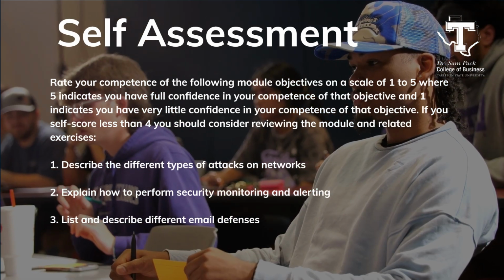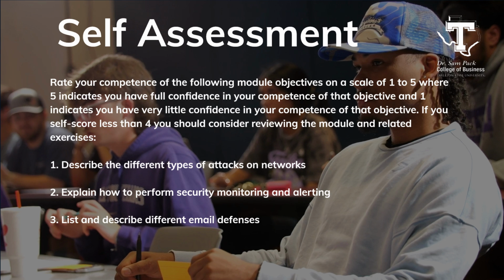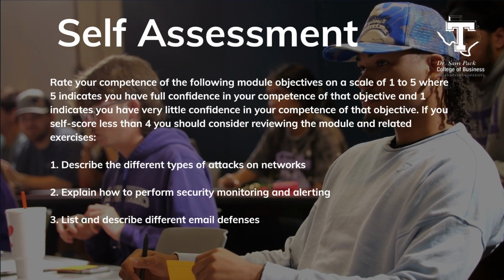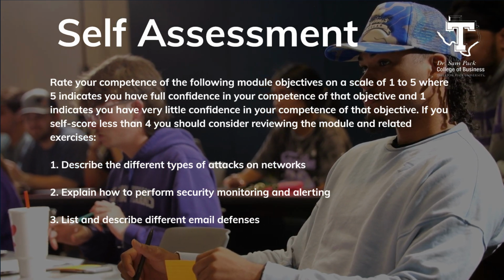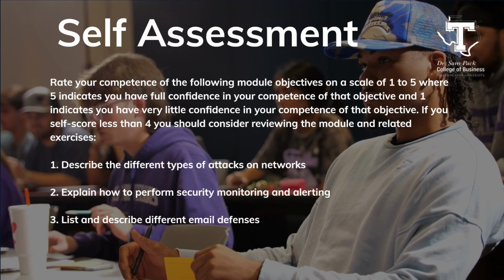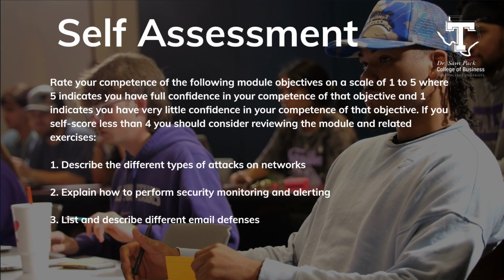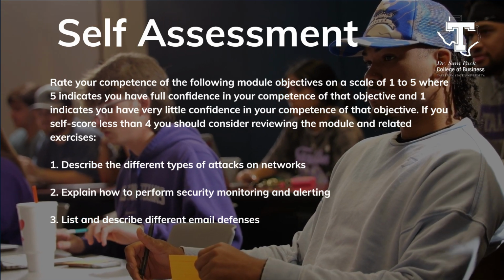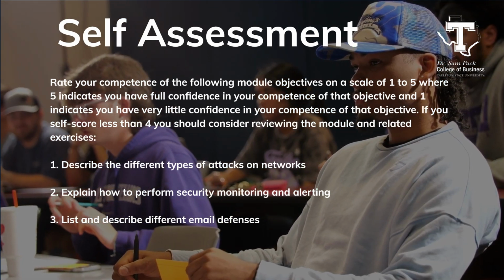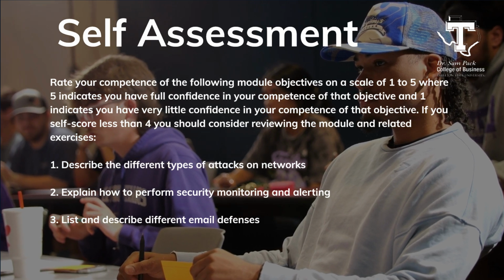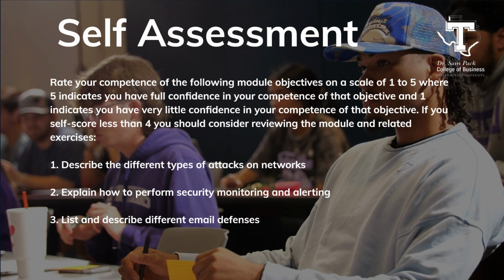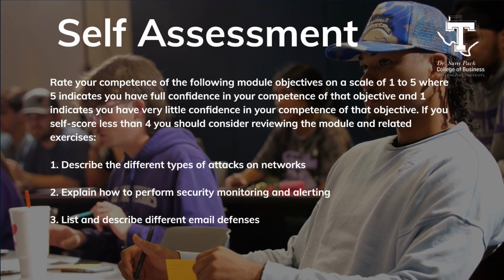Explain how to perform security monitoring and alerting. How sure are you about setting up network security monitoring and creating alerts for potential threats? List and describe different email defenses. How well do you know email security measures like SPF, DKIM, DMARC, and SEGs? Take a moment to think about each one and rate your confidence.